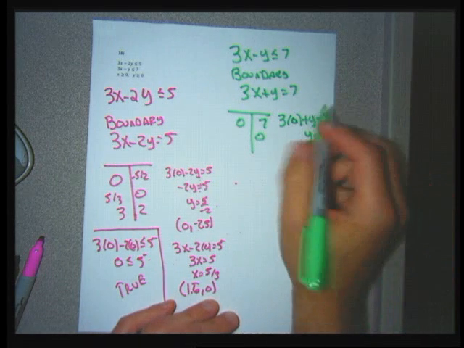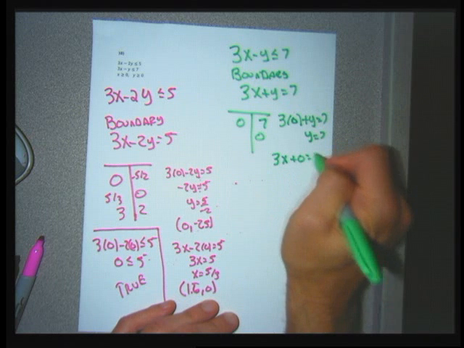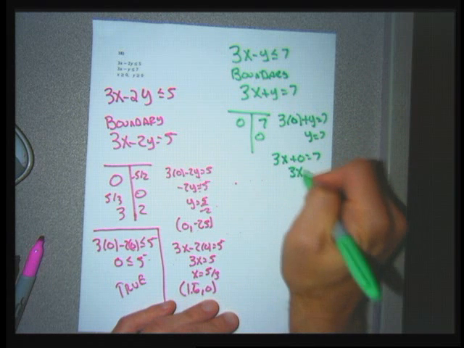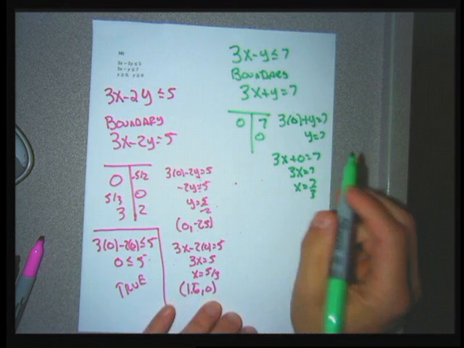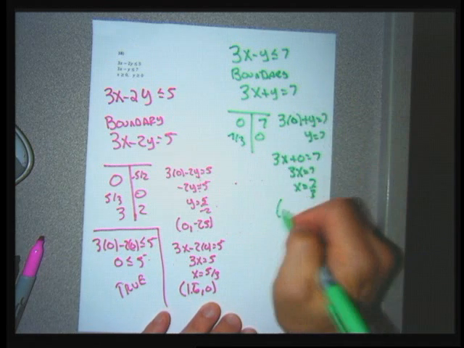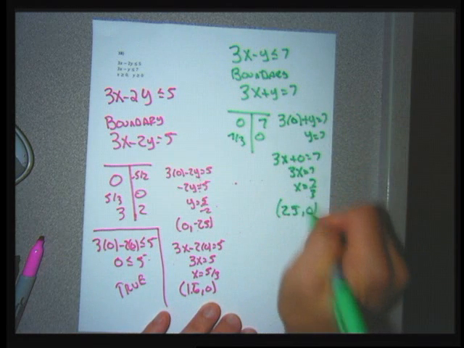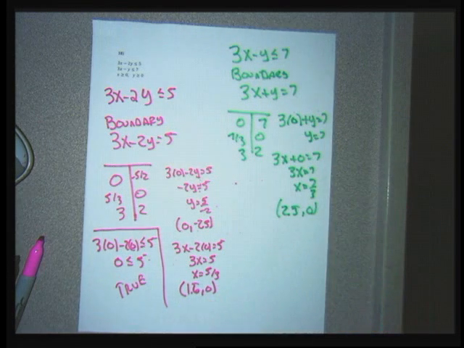The next one, I go 3x plus 0 equal to 7. This gives me 3x equal to 7, x equals 7/3, which is like 2.3. When I graph this it's like (2.3, 0). I'm also going to have the intersection point (3, 2). So I'm going to have those 3 points. My graph is going to stay in the first quadrant.